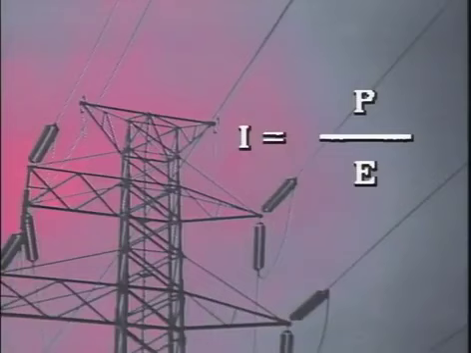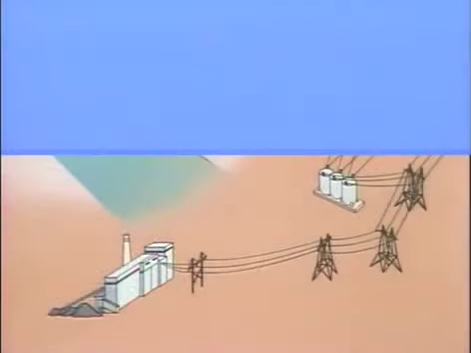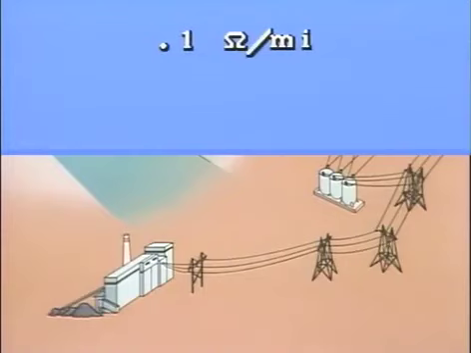As we saw in the discussion on power loss in the beginning of this program, resistance plays a direct role in power loss. We use the equations I equals P divided by E and P equals I squared R to see how changes in voltage influenced power loss when the resistance of a conductor remained the same. In that example, we looked at a transmission line that had a resistance of 0.1 ohm per mile and was 50 miles long.